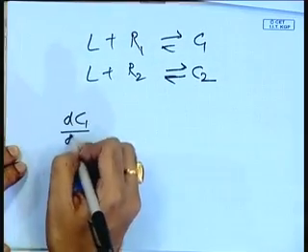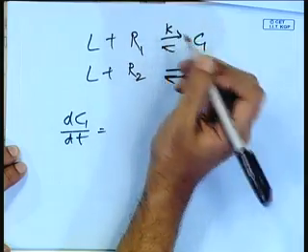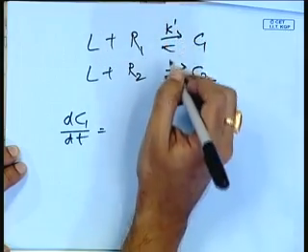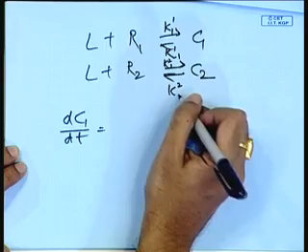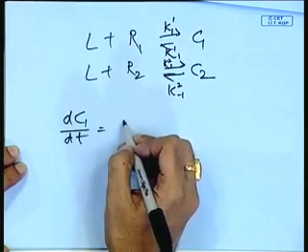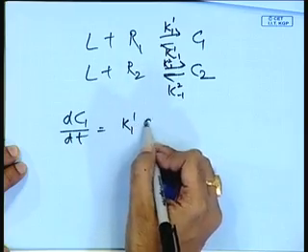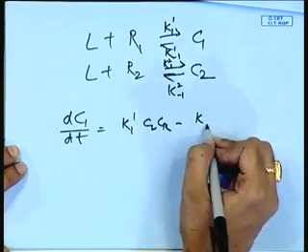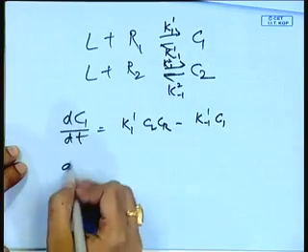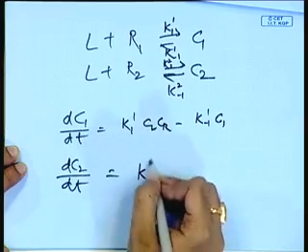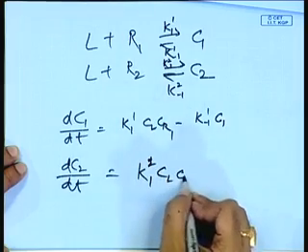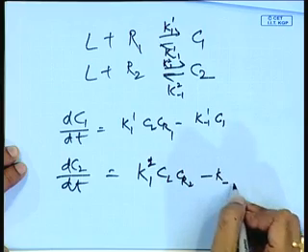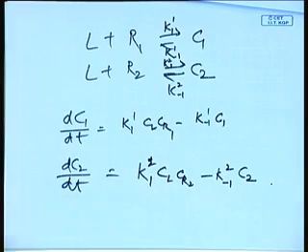So dC1/dt would equal, let's say, with rate constants K1 1 and K1 minus 1, and K2 1 and K2 minus 1, K11 CL CR1 minus K minus 11 C1, and dC2/dt would be K21 CL CR2 minus K minus 12 C2.